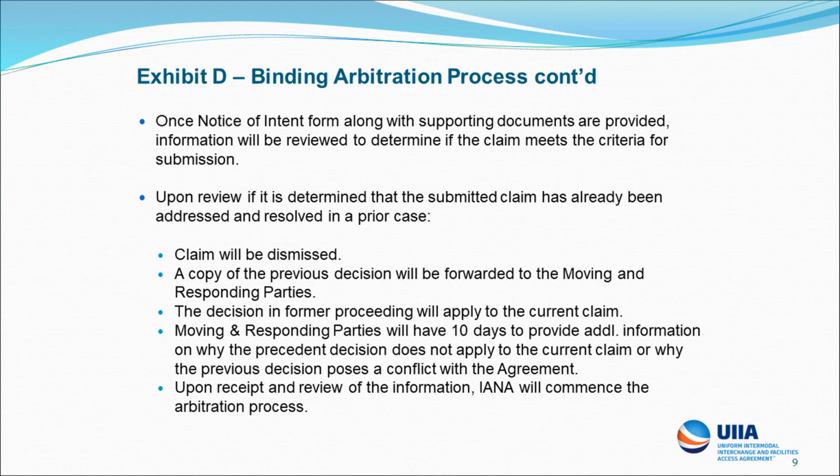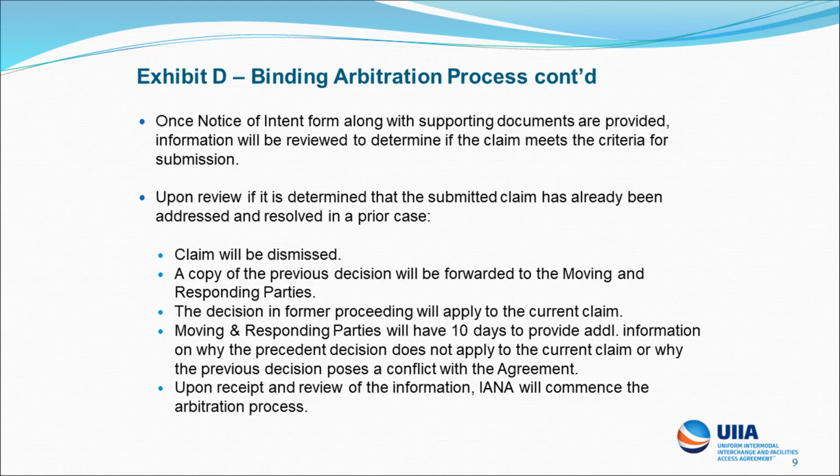If we find that there is a case that is submitted where there's a prior case decision that has been rendered, for example, we get cases many times involving sealed containers with damaged floors. So if there's a similar case that has already been rendered, when we get that case, we will go back to the involved parties and indicate that there's been a similar prior decision that involves the similar set of circumstances.